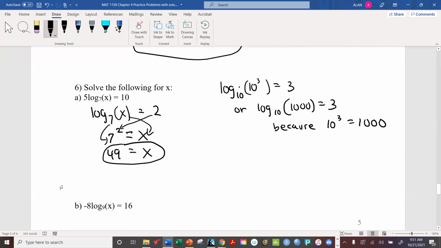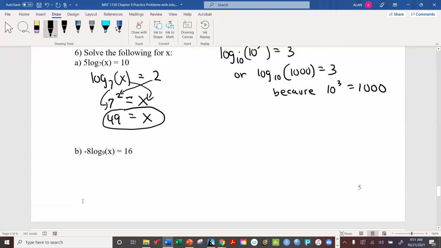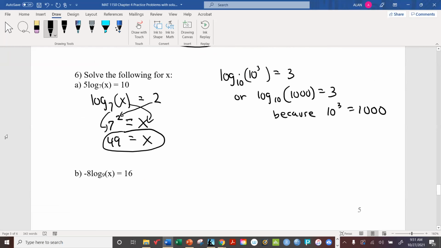All right, now how about this one? Let's see, first let's divide up both sides by -8, which means you have -2.